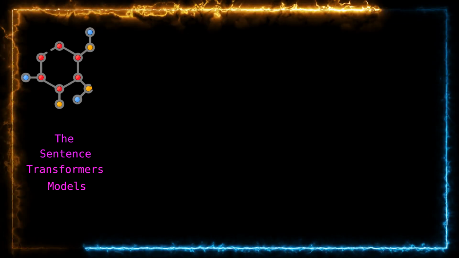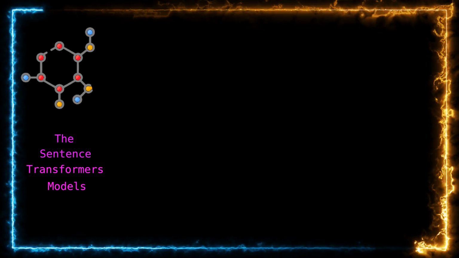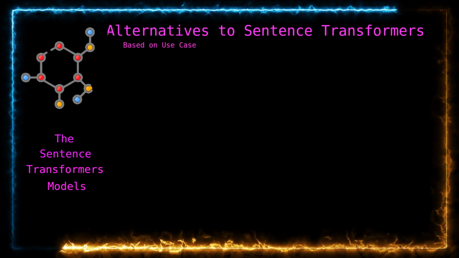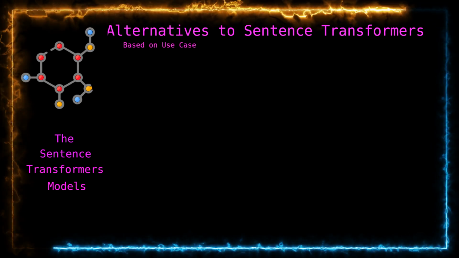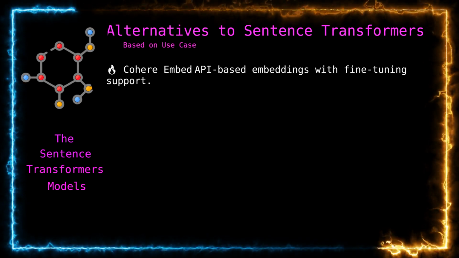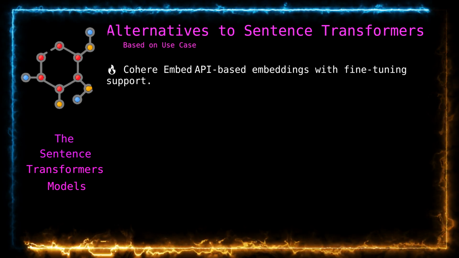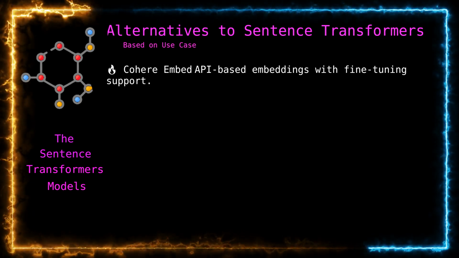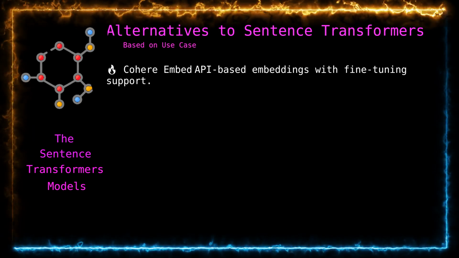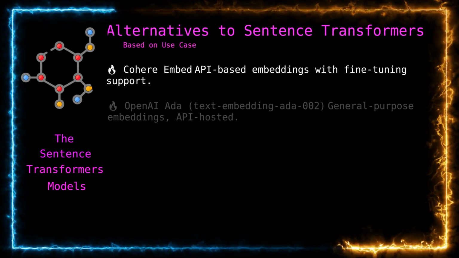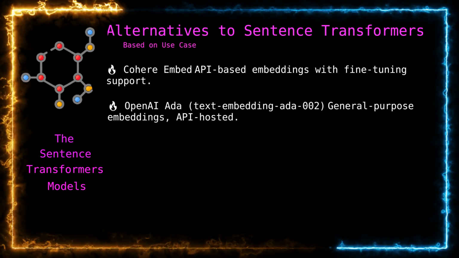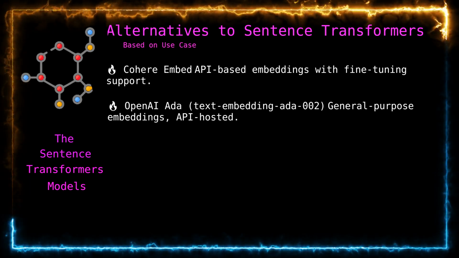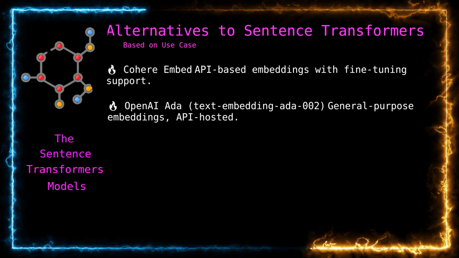While these models are great for text embeddings, other alternatives might be a better fit depending on your needs. For example, Cohere Embed, an API-based model that supports fine-tuning, great for cloud-based NLP applications. OpenAI Ada, a general-purpose embedding model hosted via API, offering high scalability and ease of use.